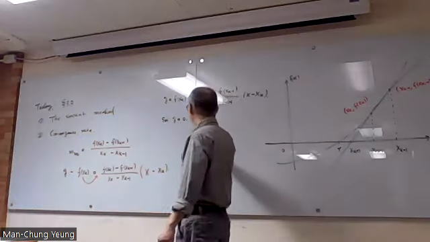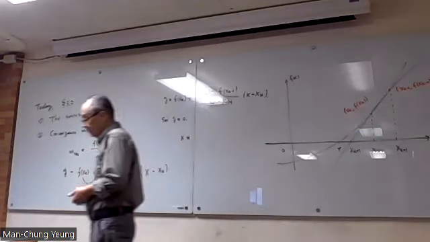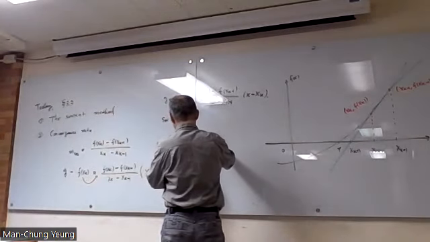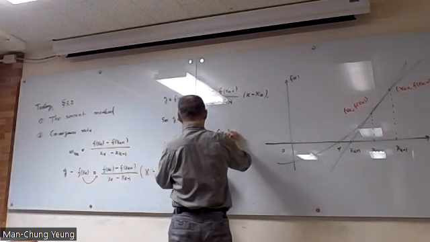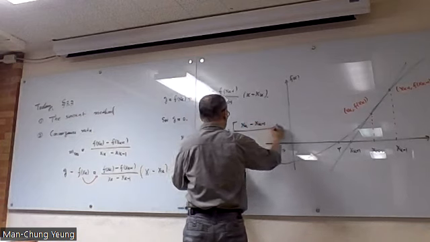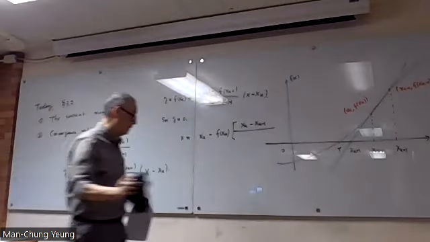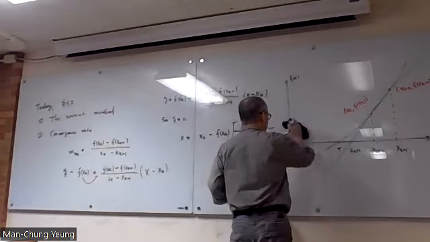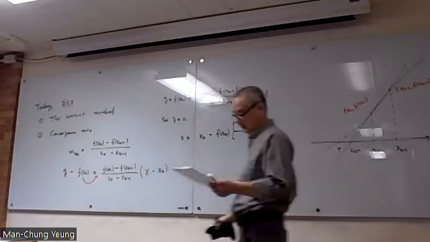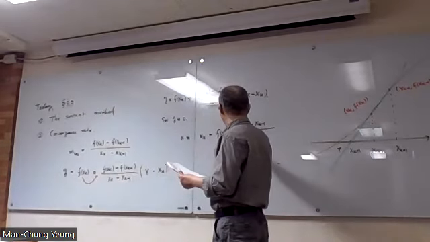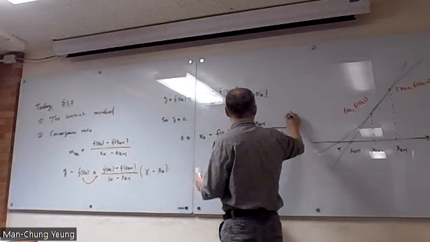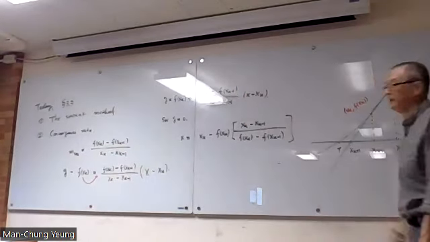Then x is x_k minus f(x_k) times (x_k minus x_{k-1}) over (f(x_k) minus f(x_{k-1})). This is the intersection point.